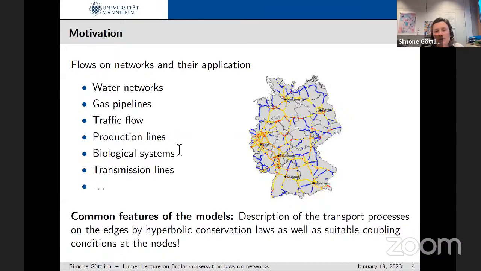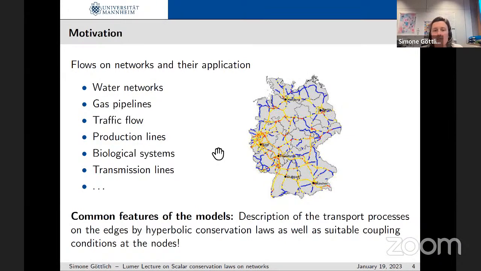Again, here you see on this picture on the right the highway system of Germany, which is highly connected. Whenever you observe a blue region, you know there's less traffic. And if you observe these high density regions in yellow or red, you see there's a lot of traffic around these big cities here.